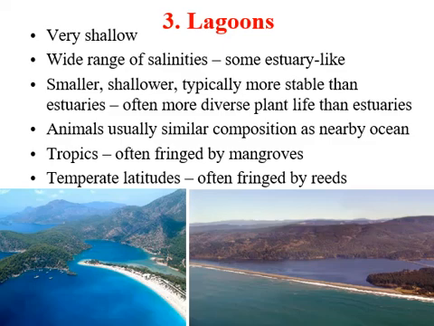And some places they have mangroves surrounding them. Some places they have reeds or some of the plant characteristics that you find around bigger estuaries. But it's a protected area with less water movement, so you find some smaller fish, some fish that are taking refuge, some organisms that are taking refuge.